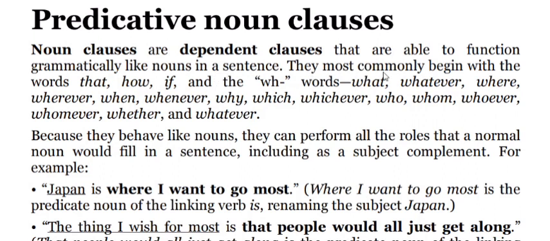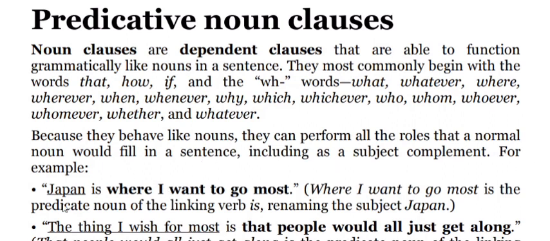They most commonly begin with the words that, how, if, and the wh- words what, whatever, where, wherever, when, whenever, why, which, whichever, who, whom, whoever, whomever, whether, and whatever. Because they behave like nouns, they can perform all the roles that a normal noun would fill in a sentence, including as a subject complement.